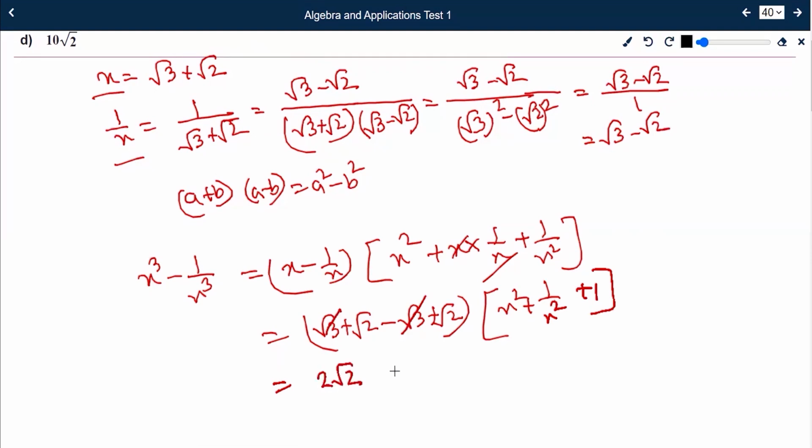Now, 2 root 2, okay? So, look here, it's in the form of a square plus b square, correct? Again, we can use one identity.